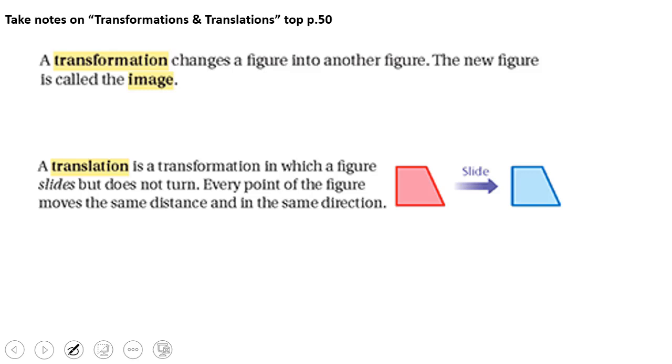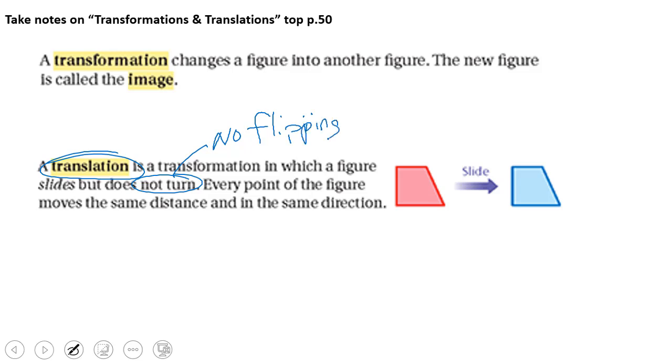So today, what type of transformation are we going to do to move that figure? Well, we're going to do a translation. And in a translation, you slide the figure. Notice it does not turn. There's another thing it does not do. It does no flipping.